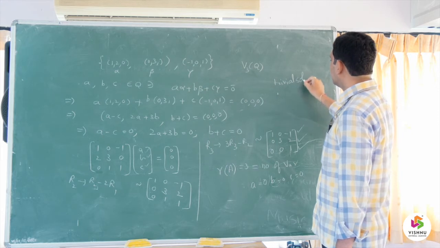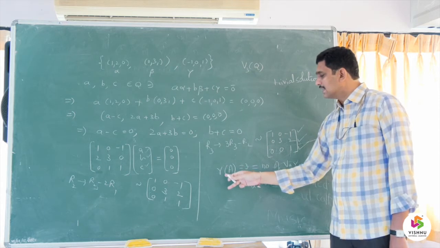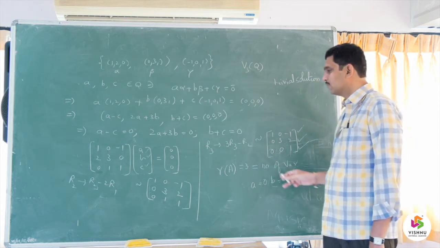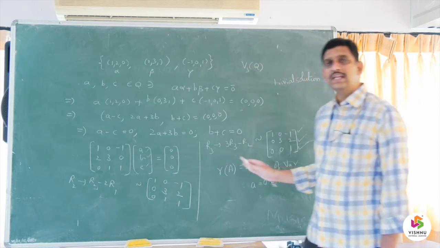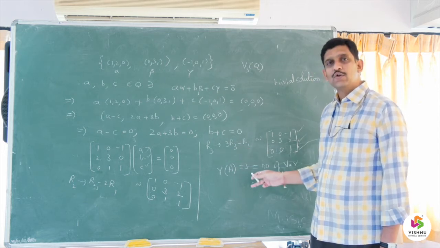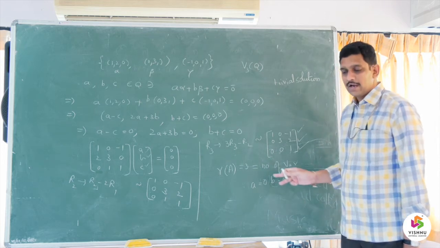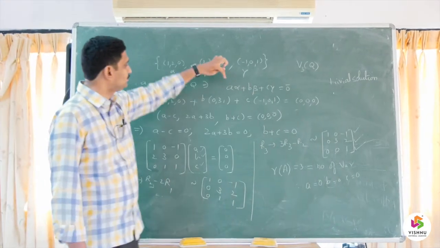This we need to mention in the exam. So here we will write that since rank of A is equal to 3, which is equal to the number of variables, the given homogeneous system has only the 0 solution. Hence we conclude that A is equal to 0, B is equal to 0, and C is equal to 0. Now let us observe. Initially I have written the linear combination.